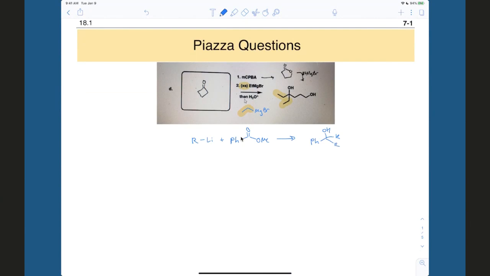So we want to imagine this tertiary alcohol going back to becoming an ester. So we have this type of structure.